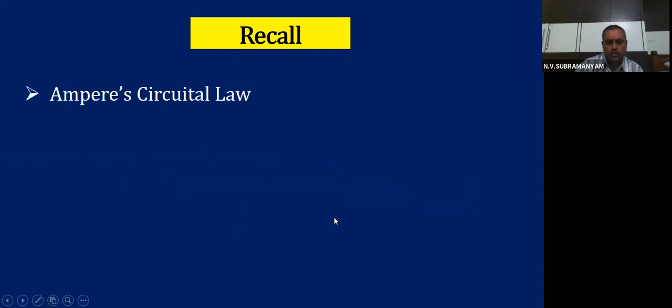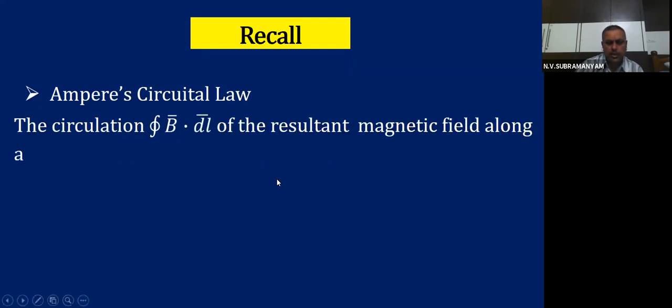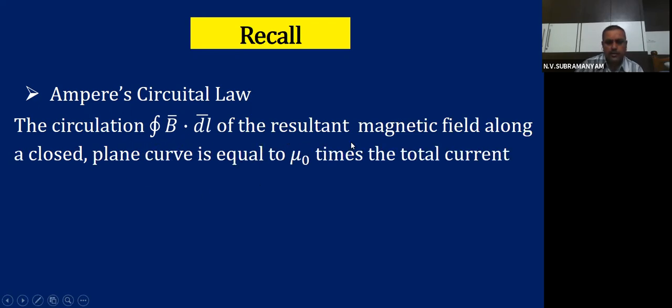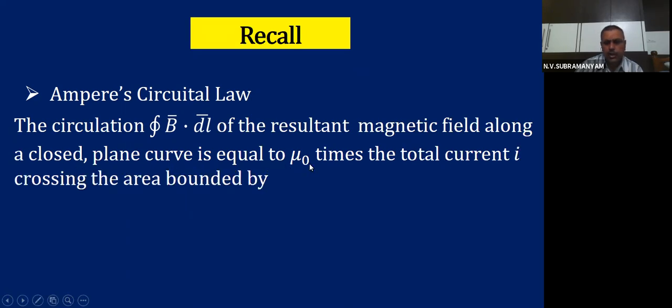Ampere's circuital law, once again we are revisiting because we will be using it in this webinar also. The circulation integral of B dot dl of the resultant magnetic field along a closed plane curve is equal to mu 0 times the total current I crossing the area bounded by the closed curve.